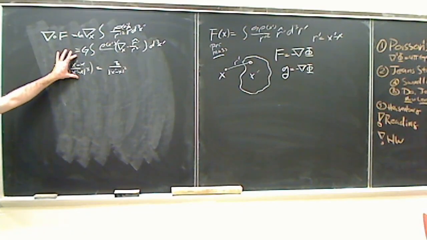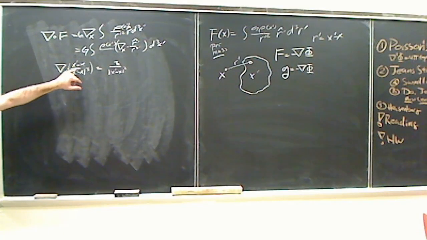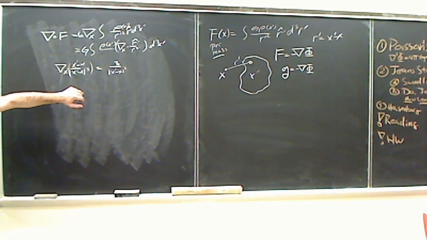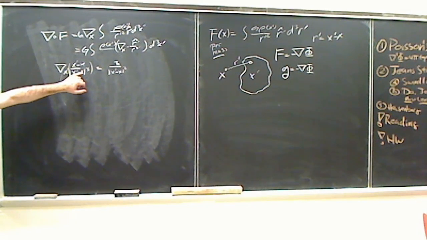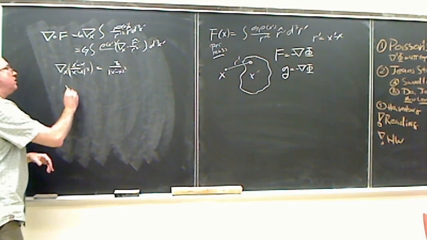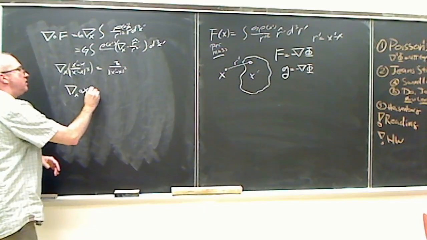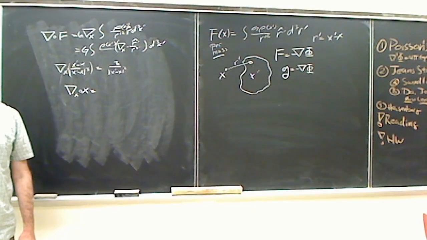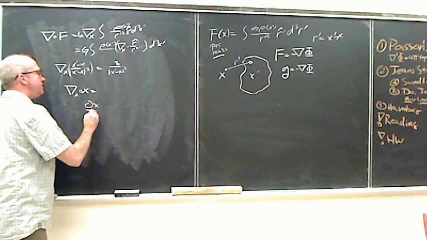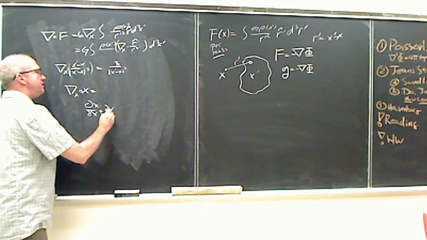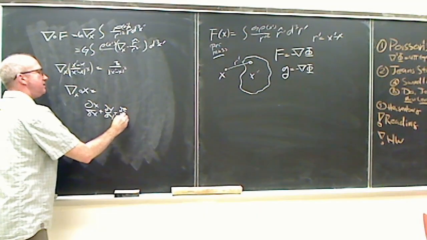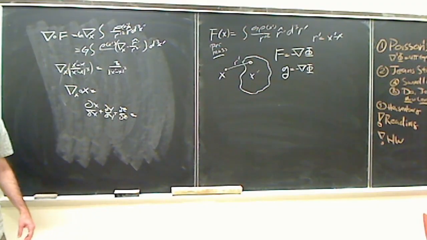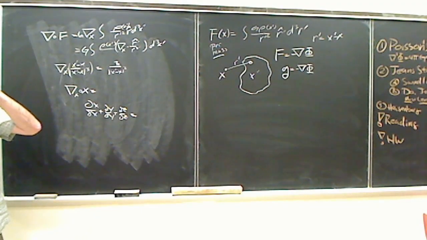Okay, we got a quotient rule. Quotient rule is just product rule. So it's the derivative of the top divided by the bottom, minus the derivative of the bottom times the top. So the derivative of the top, what is the divergence of x? So this is dx by dx plus dy by dy plus dz by dz.